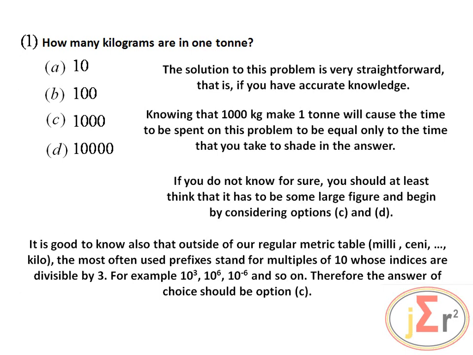The only one that fits this description is option C. So we think that option C is correct because here we have 3 zeros, which is equal to 10 to the power of 3. And no problem, because we expect outside of our regular table the indices represented by the prefixes to be multiples of 3.